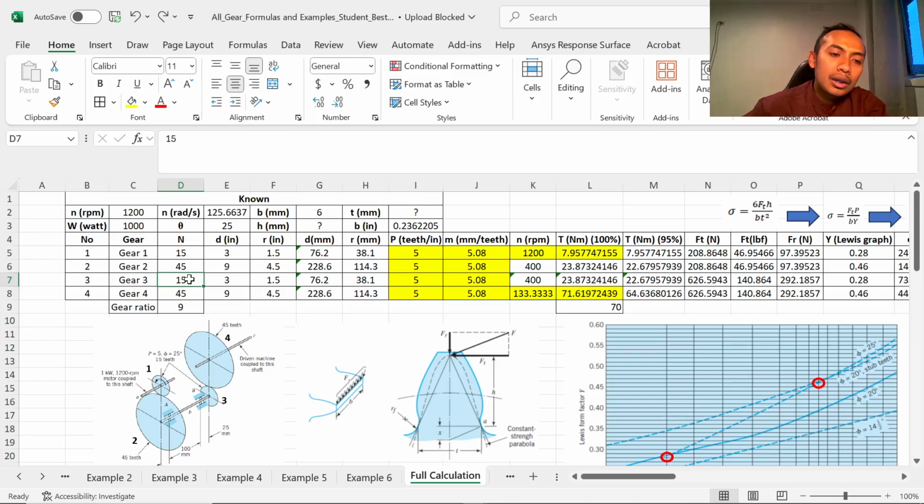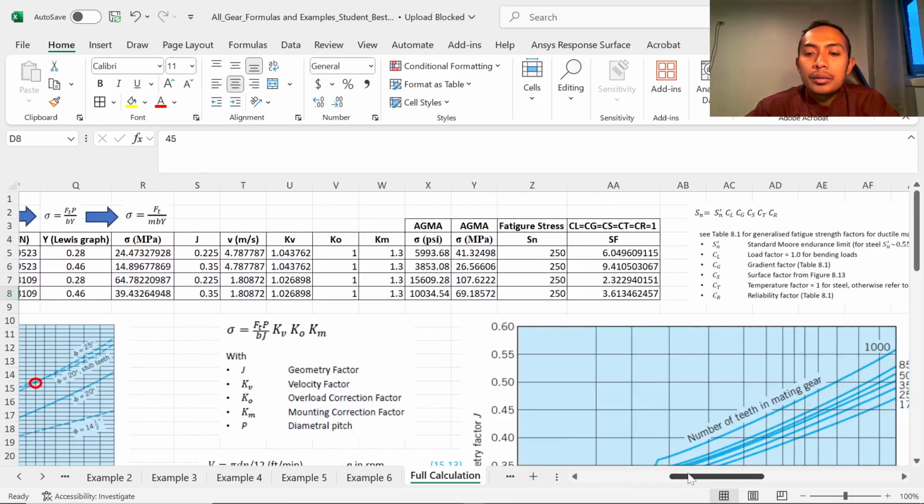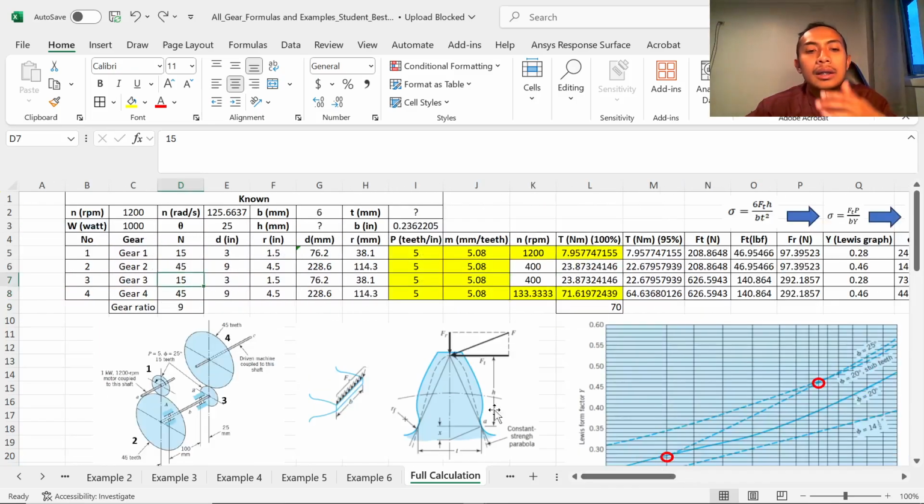We can also increase the number of teeth, maybe to 16 or 17, and then we will get an improvement. That is how we improve. I think we can improve with other parameters too, maybe m or p.